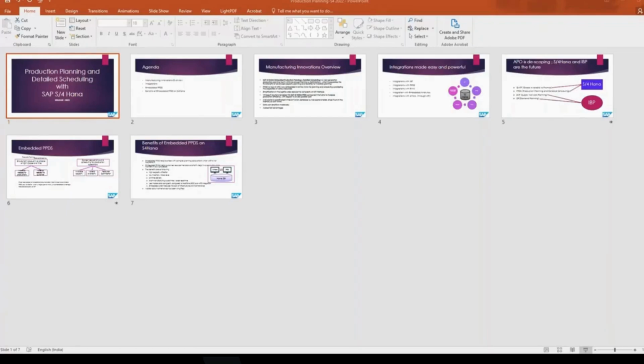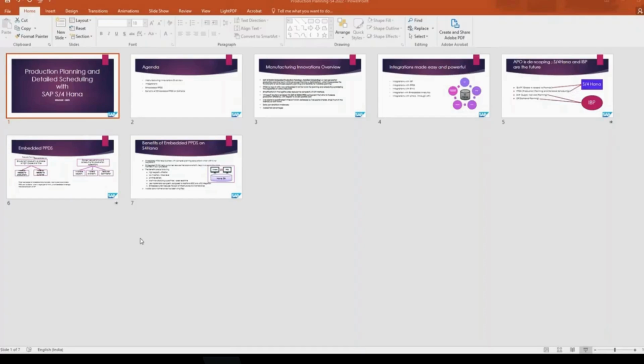So once the production is completed, it will take some time to go through the quality and documentation process, and then at the end of the day it will give you the output of when the product is going to end in the production line. Those things are not available with the classic planning tool in ECC. Even in S4HANA without PPDS, it's the same thing.